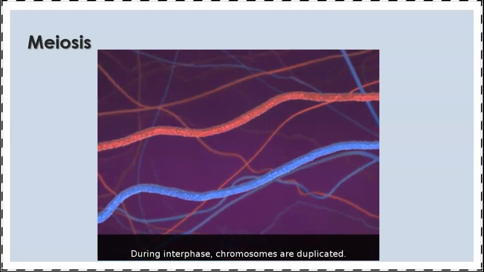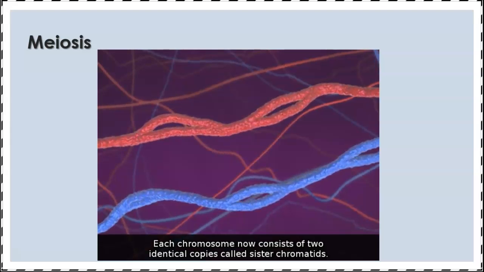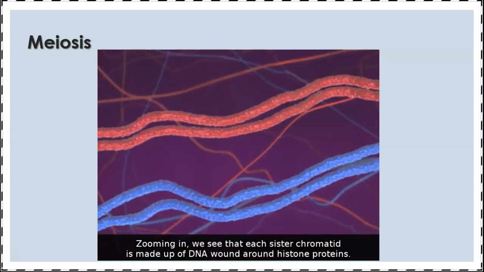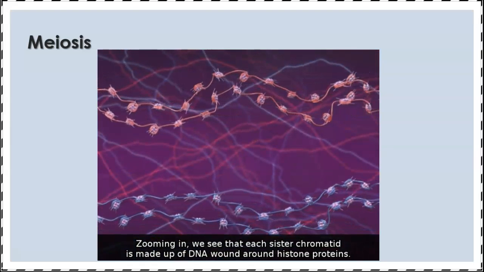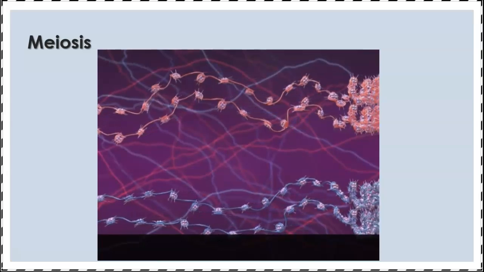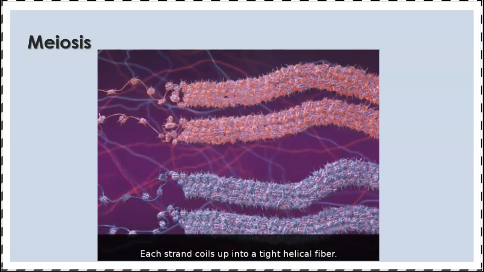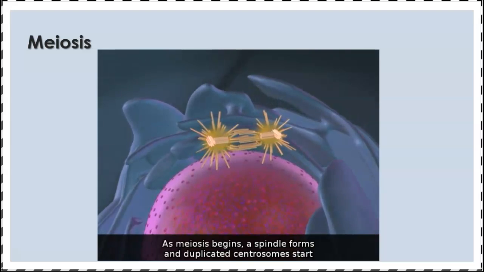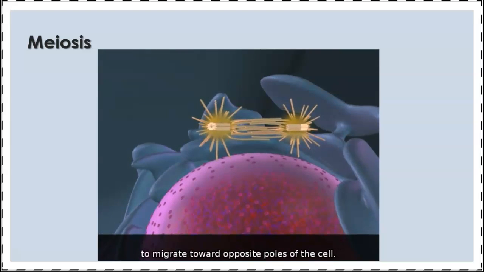During interphase, chromosomes are duplicated. Each chromosome now consists of 2 identical copies called sister chromatids. Zooming in, we see that each sister chromatid is made up of DNA wound around histone proteins. Each strand coils up into a tight helical fiber. As meiosis begins, a spindle forms and duplicated centrosomes start to migrate toward opposite poles of the cell.